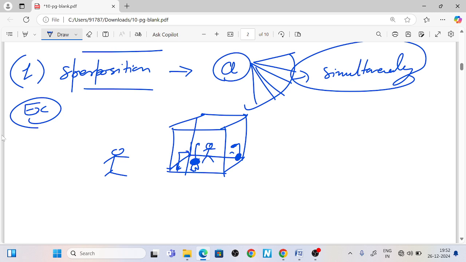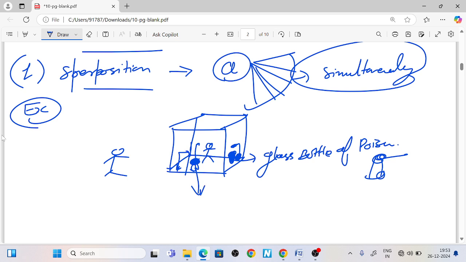And here is a glass bottle of poison. The device will be activated when radiations from the radioactive material hit it, then it will hit this glass, and the glass will break, then the poison will spread through the whole room, and your friend will die.